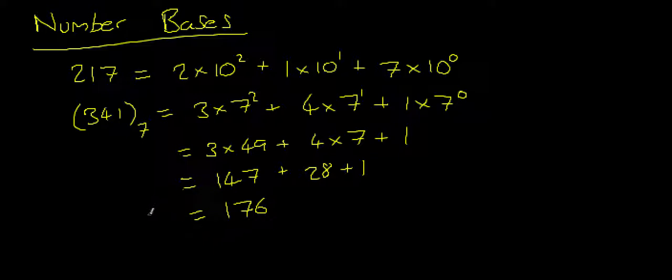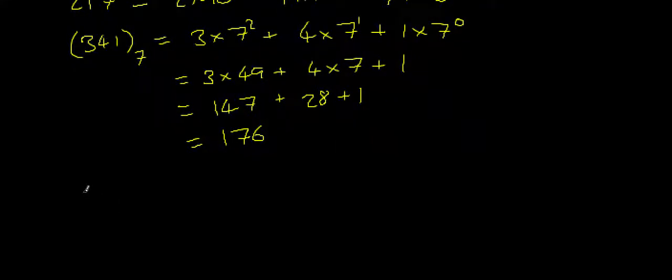What if I gave you 217, as we did above, and we wanted to know what that was in another base? Well, let's just, because it's easier, say we want to write 21 in base 10 in base 7.